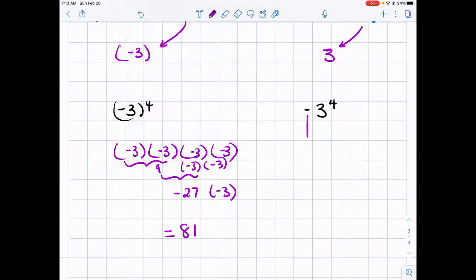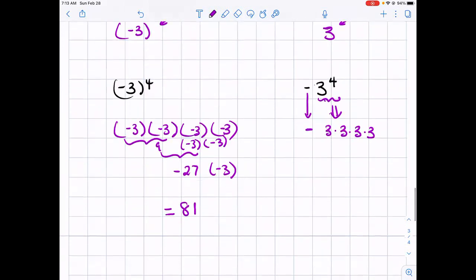The negative drops down, and then we have 3 times 3 times 3 times 3. And then we multiply. 3 times 3 is 9. Notice the negative will come down. And then 9 times 3 is 27. And then 27 times 3, so we end up with negative 81.